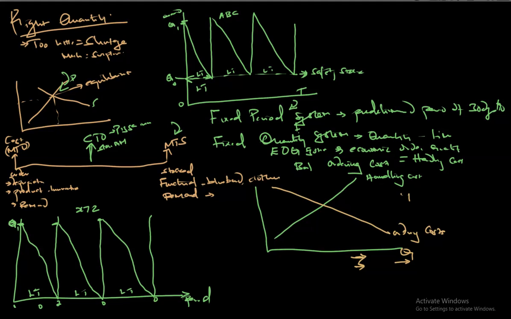Therefore, the total costs are calculated by handling costs plus the ordering costs. But we want to find the equilibrium. The equilibrium is found at this point over here, where, if you differentiate the total cost curve, which is curve 1, which I've indicated here, you will arrive at the EOQ.